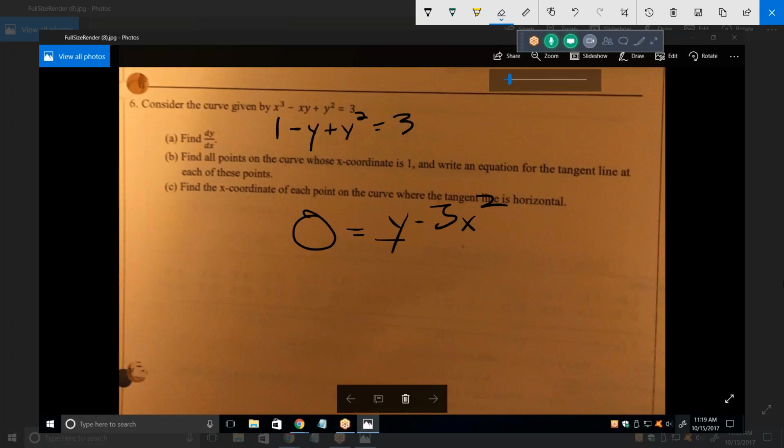Find the x-coordinate where the tangent line is horizontal. Well, what do we got here? We got y equals 3x squared.